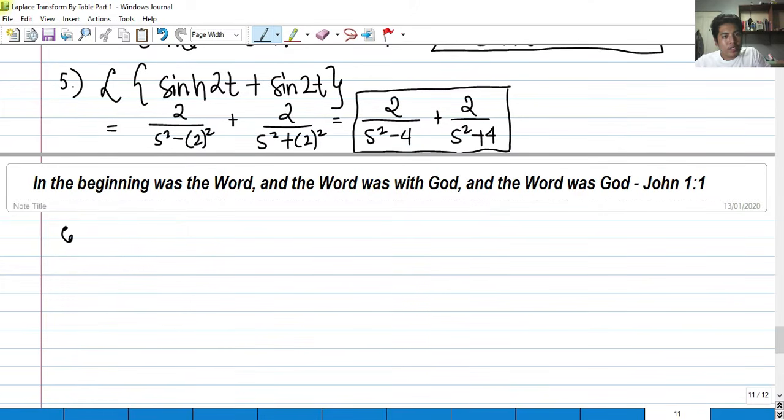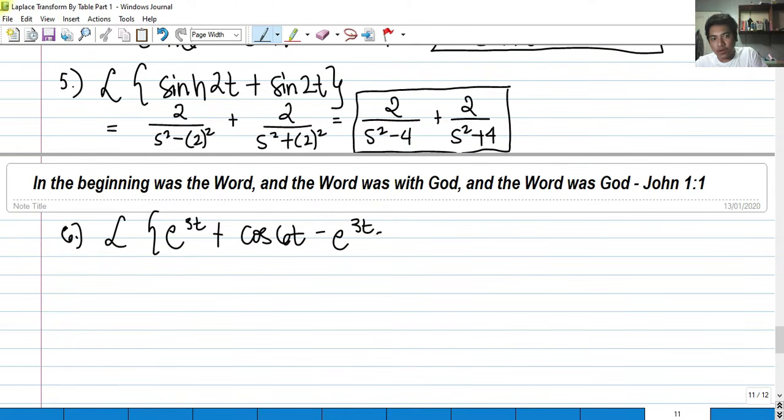Okay, for number 6, let's try to solve this. We have the Laplace transform of e raised to 3t plus cosine of 6t, minus e raised to 3t cosine of 6t.